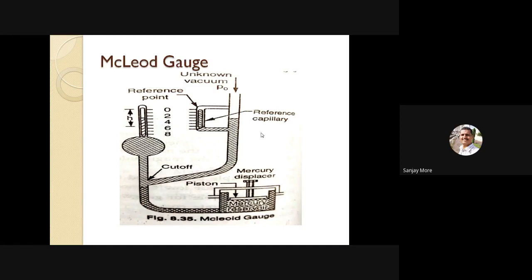Give the heading Macleod gauges. Main heading: vacuum measurement devices or methods. In that, first, the Macleod gauge. This is used to measure the vacuum.